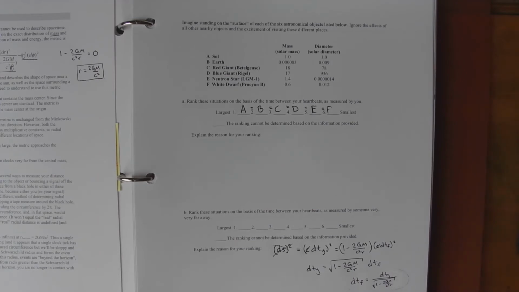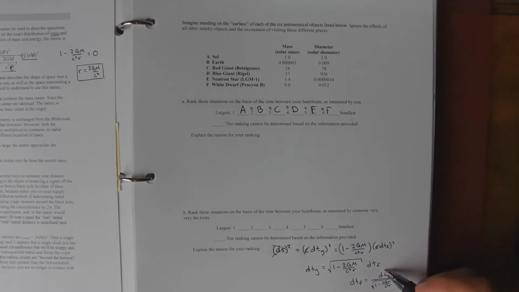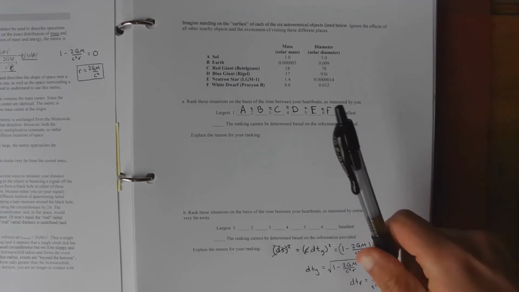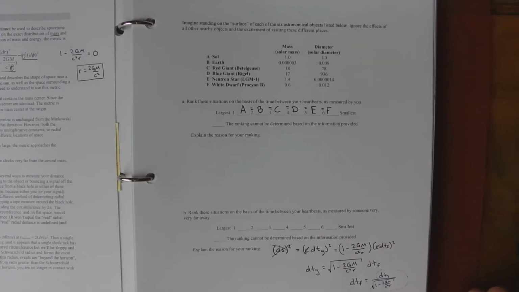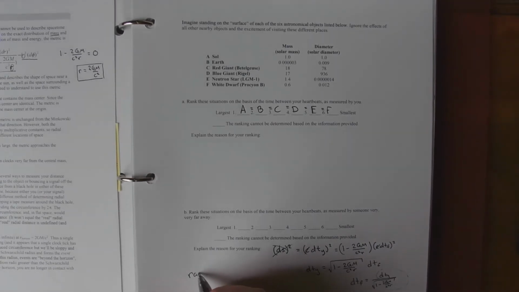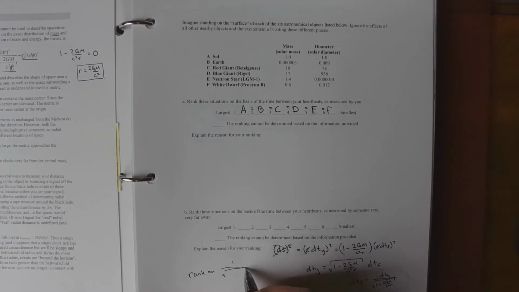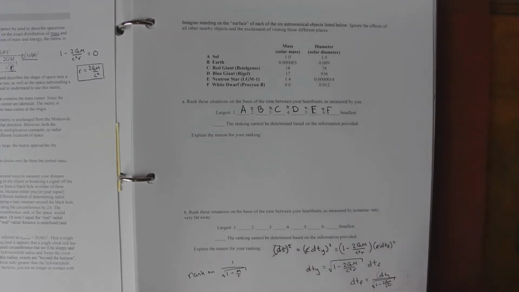Now, because it's a ranking problem, we can say dt_y is the same in all 6 situations, and 2 is a constant, capital G is a constant, c squared is a constant, so we can rank on 1 divided by the square root of 1 minus the mass divided by r.